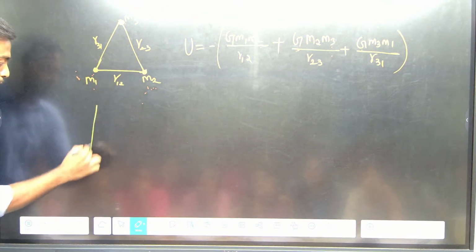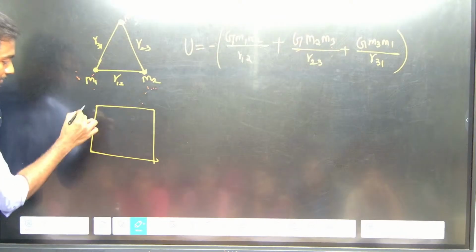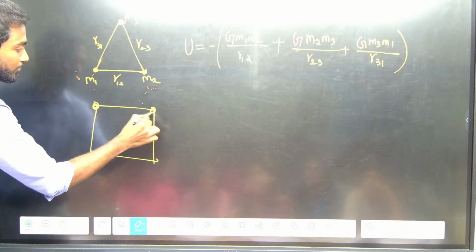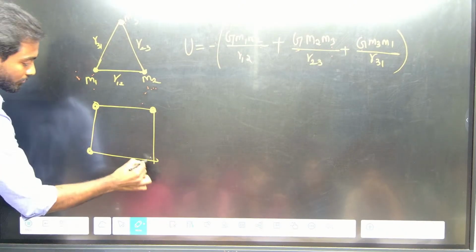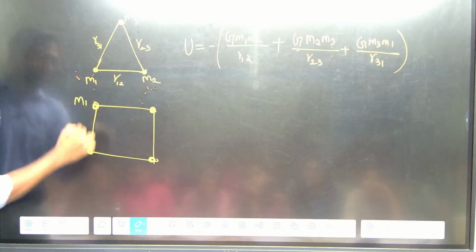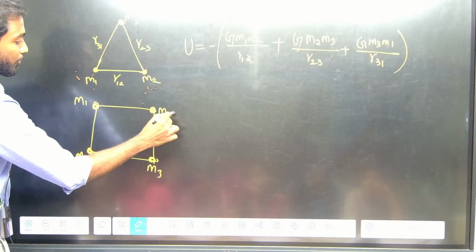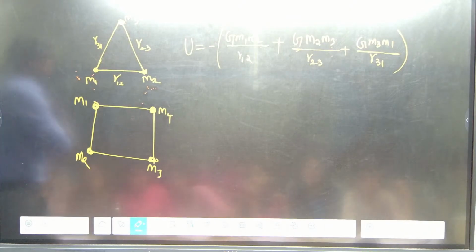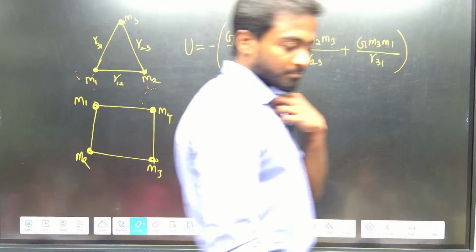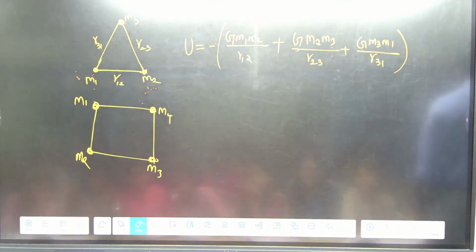Similarly, can you do this for this square, m1 m2 m3 m4? Do it until now first. How many will be there first? 4, only 4.